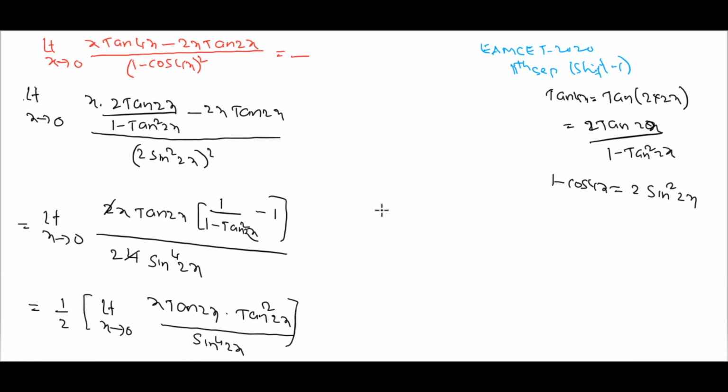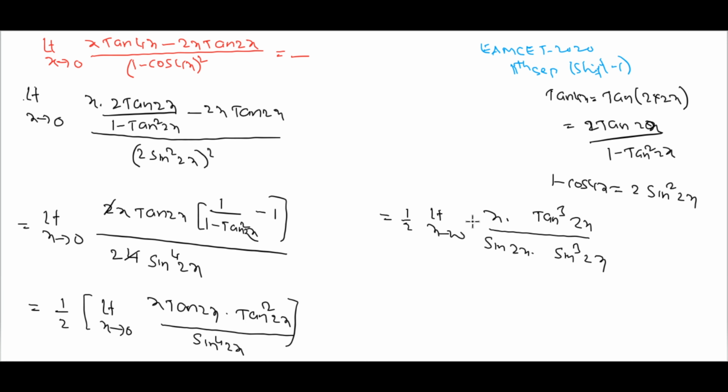That is equal to half into limit x tends to 0, it is x into tan 2x into tan square 2x, that is tan cube 2x by sin power 4 2x, this is written as sin 2x into sin cube of 2x.